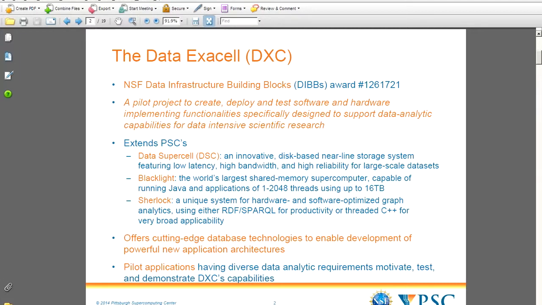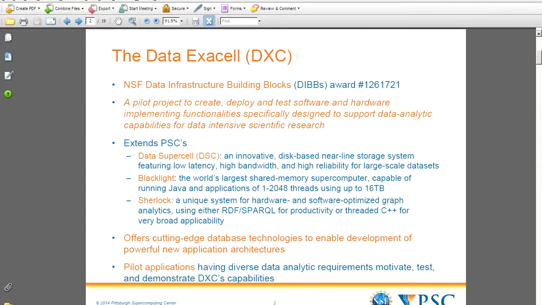As I said, the Data XSL is a DIBS project, and it's really a pilot. It's an accelerated pilot to explore the space of hardware and software architectures that will be really useful for new communities, especially to develop data analytic applications and workflows. It builds on a number of PSC technologies. One of those is the Data Supercell, which I think most people on this call know about.